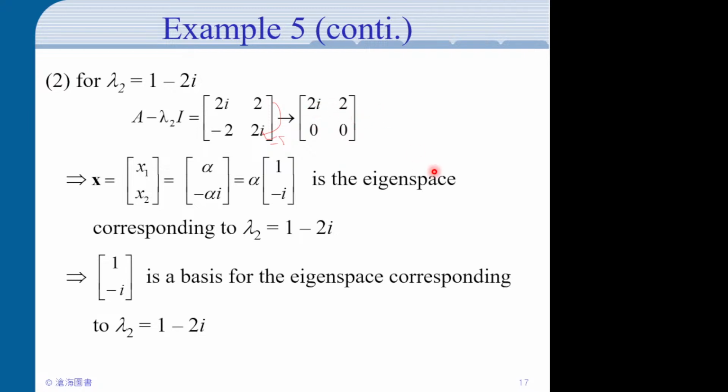So you do Gaussian elimination, and you're left with 2i and 2. Then you similarly try to solve this times x equals 0, and you find that if you set x1 to some alpha, then your x2 needs to be minus alpha times i. So your eigenspace is the complex alpha times (1, minus i).